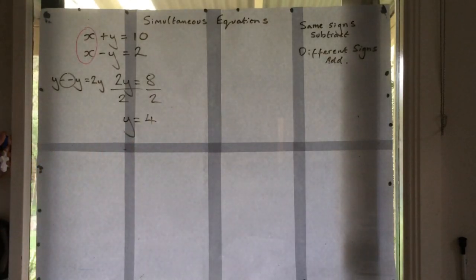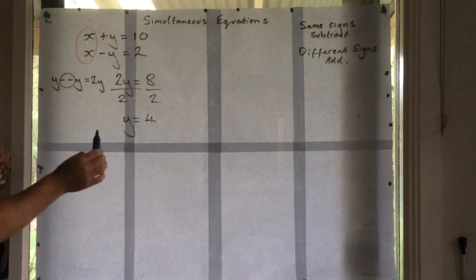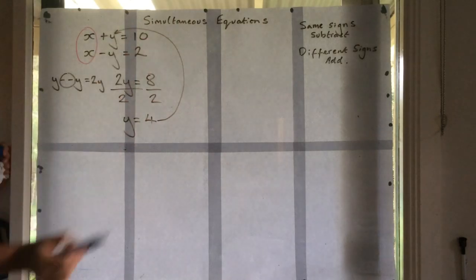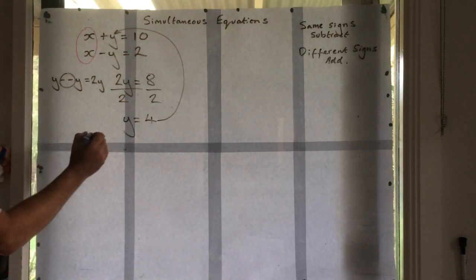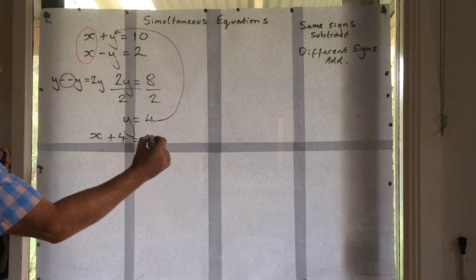Now we're going to substitute y into one of these equations. I'm going to substitute it into the top one. So y equals 4, I'm going to put 4 into there. So I know that x plus 4 equals 10.